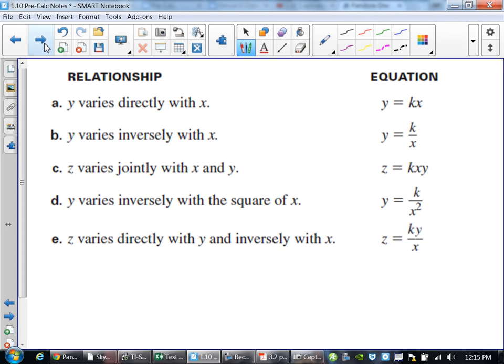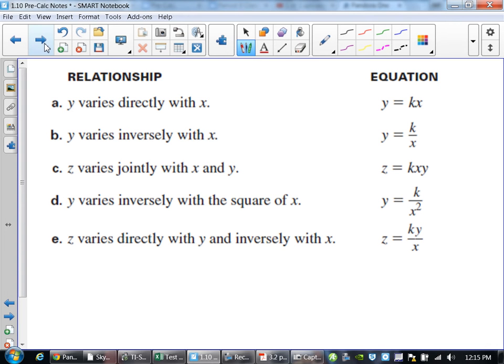So if you had y varies directly with x, that's k times x. Inversely, k over x. Jointly with x and y means 2 things are being multiplied together, so it's k times x times y. Varies inversely with the square of x: if it's inverse, it's flipped, and the square of x is just x squared.